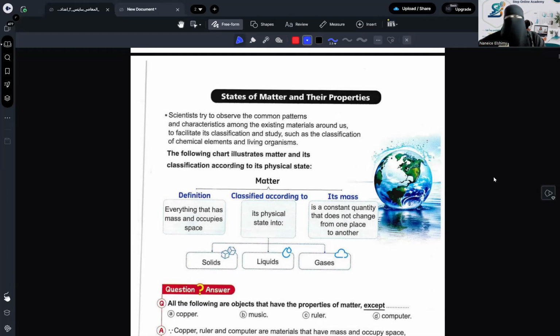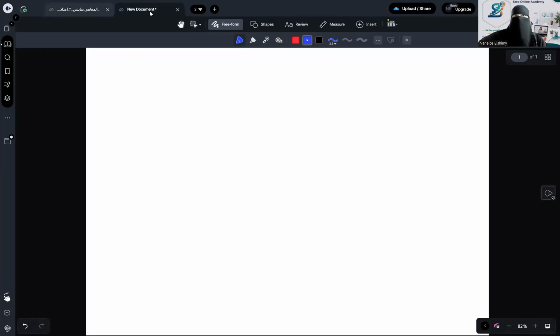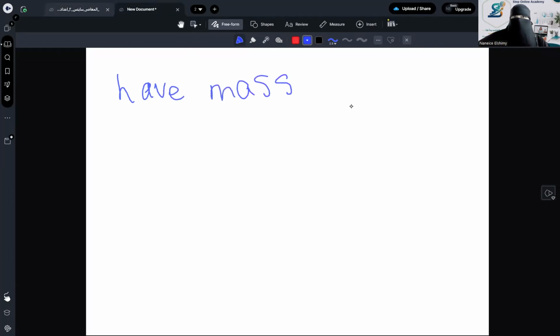So, what's common between these 3 things? Think, what's the common between them? Yes, all of them occupy space and have mass. So they have mass and occupy space.